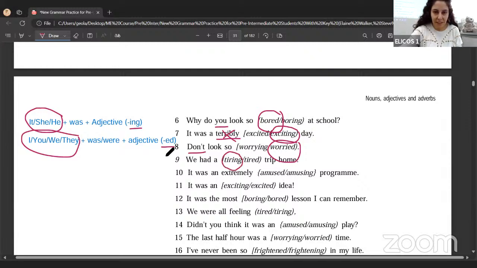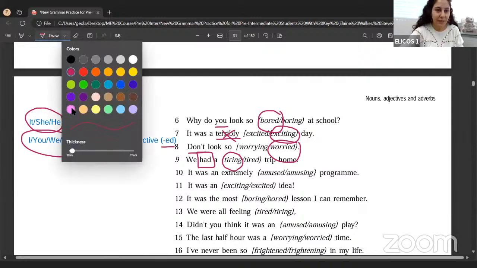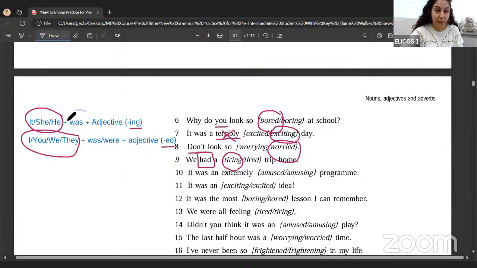It is tiring, but then that means we can go here as well, because you're using the verb to have. So if you look here, this is the verb to be.